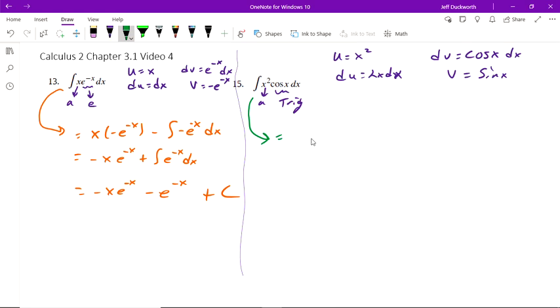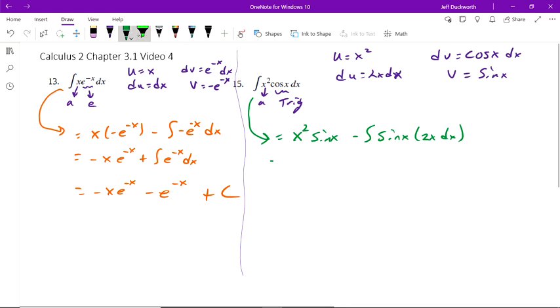So when using integration by parts, again, it's u times v. So x squared times sine of x minus the integral of v times du, which is 2x dx. Well, we're in a situation here where we need to use integration by parts on this second integral.